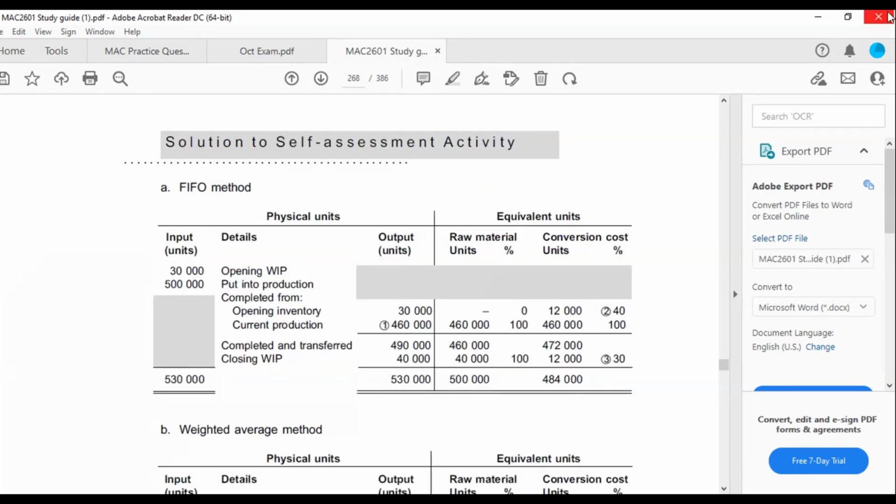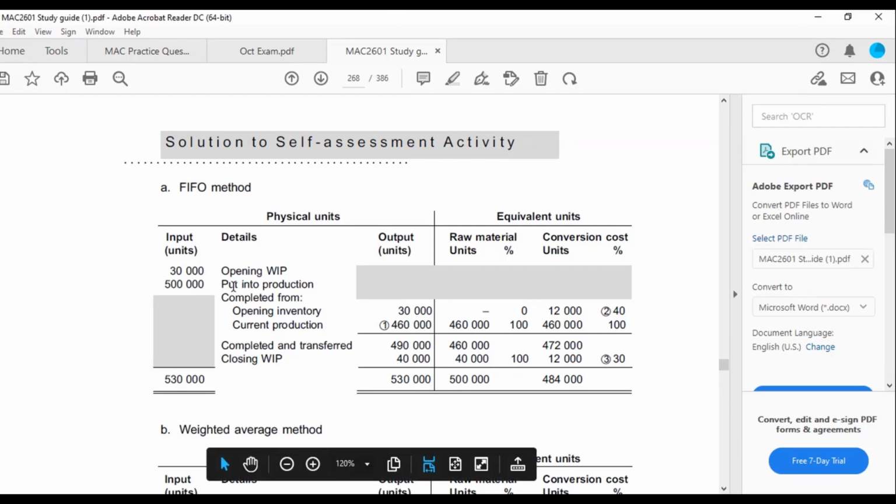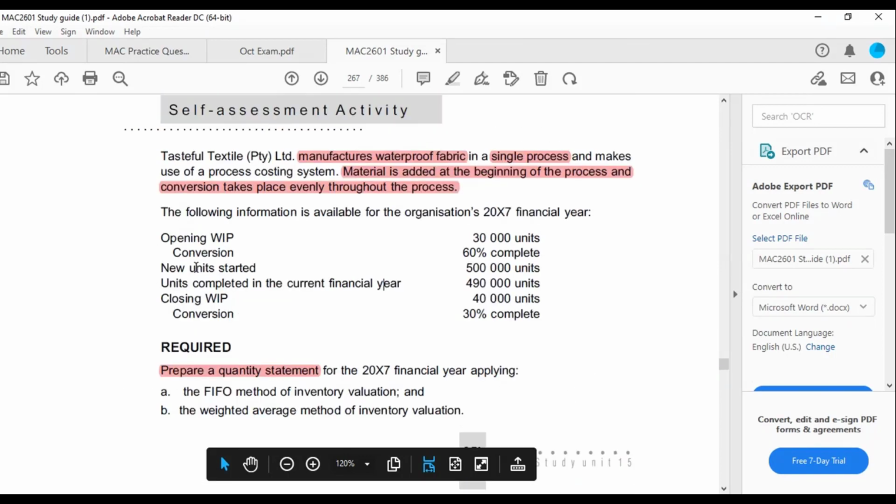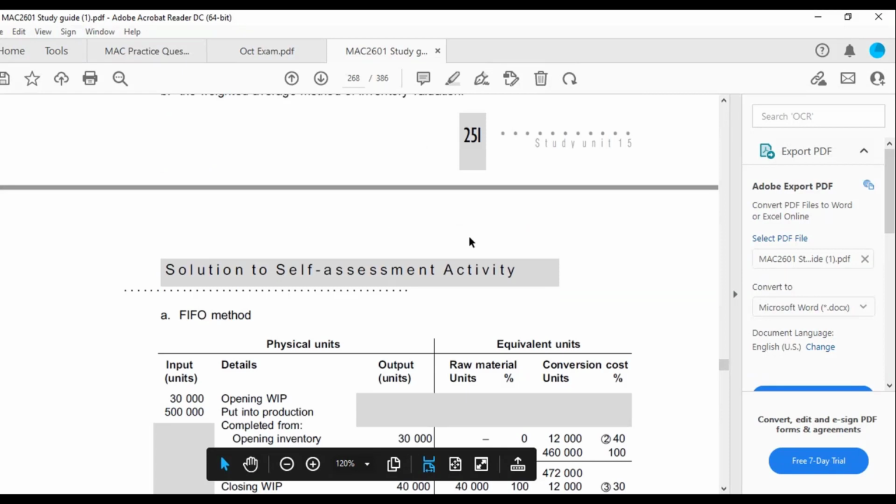Yep. So first in, first out, you look at the framework: you have a column of inputs, details, and outputs. That's the physical portion, and then for equivalent units you'll have your raw materials and conversion cost units and percentages. Under inputs, you've got the 30,000 and the 500, straightforward.